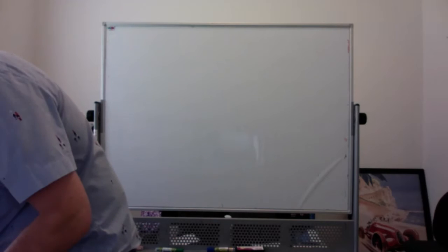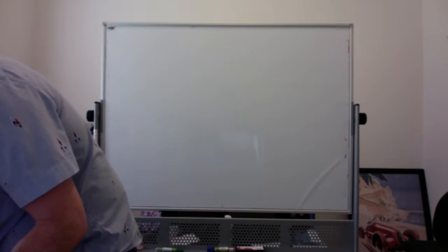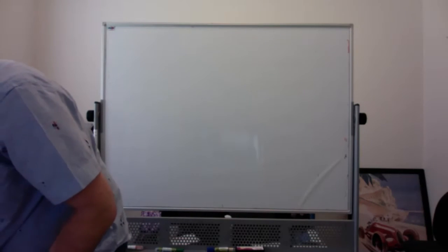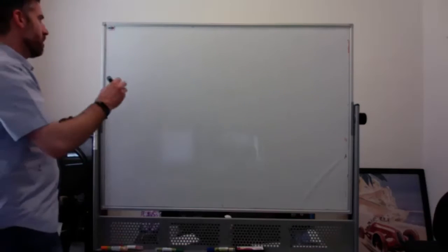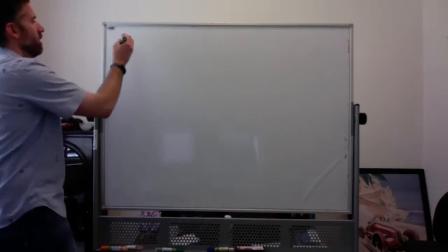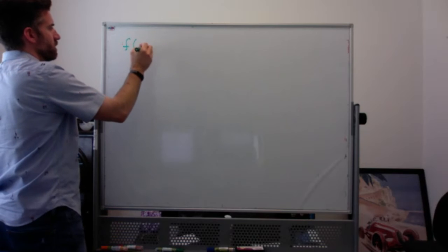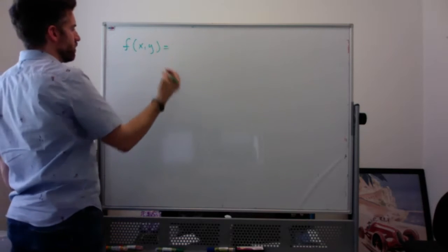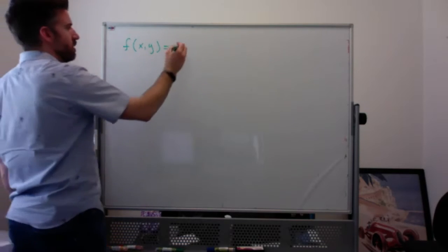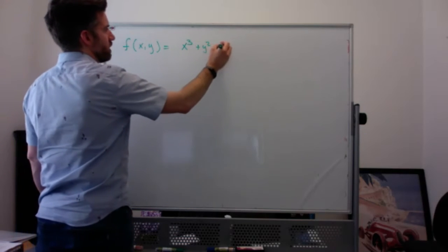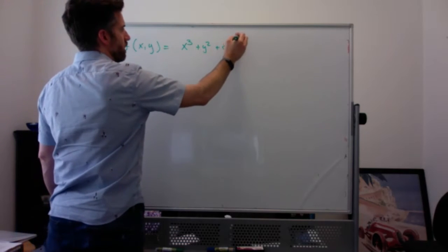Sorry, one second. So let's pretend I have f of x, y equals x cubed plus y squared plus e to the x y cubed.